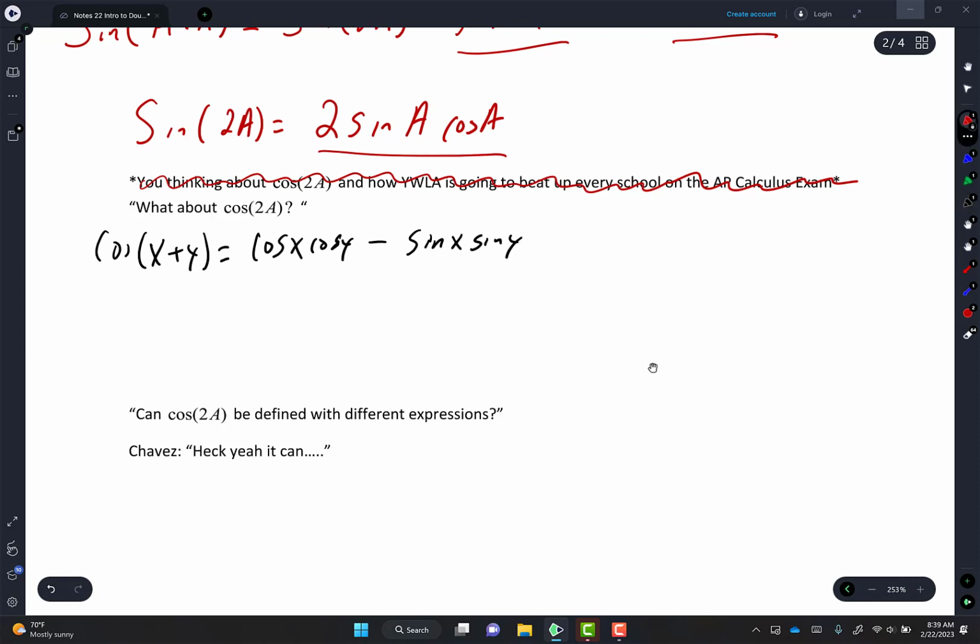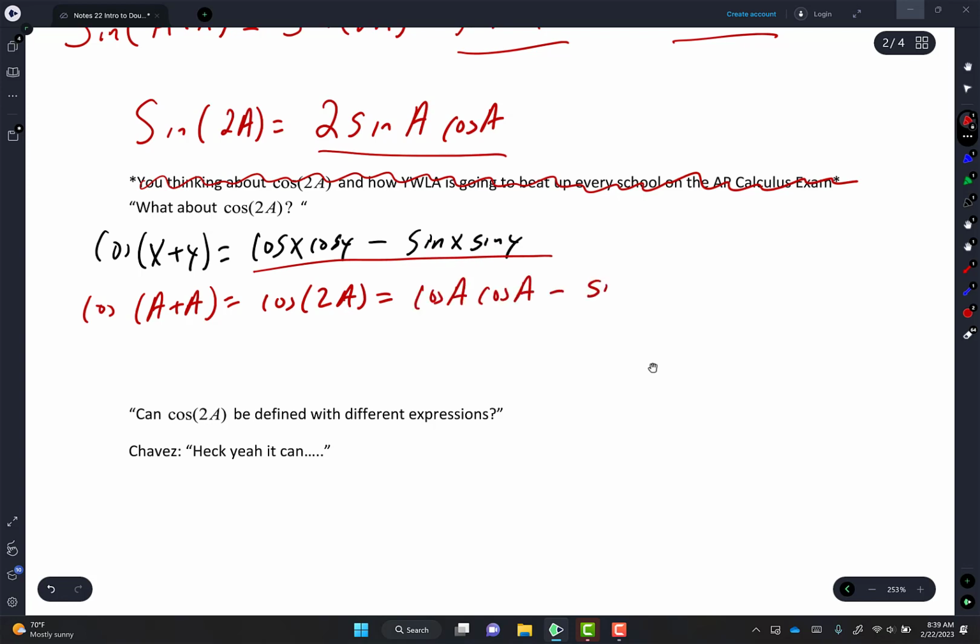So that's exactly how we're going to do it, guys. Here we go, ready? Cosine of a plus a, that's cosine 2a. I'm going to use this formula right here: cosine a cosine a minus sine a sine a. What's cosine times cosine?